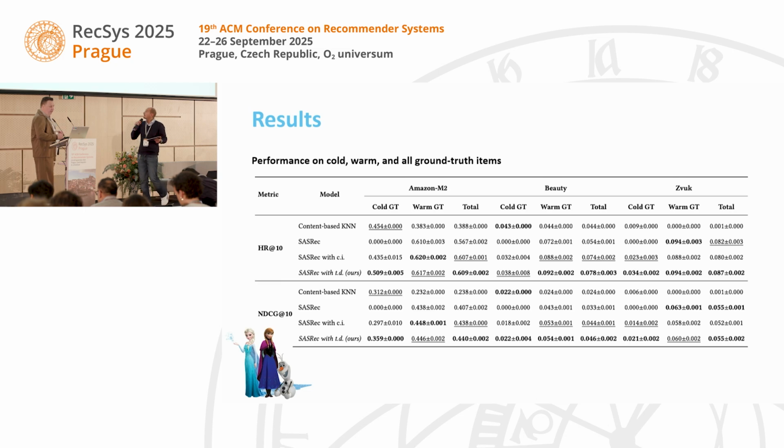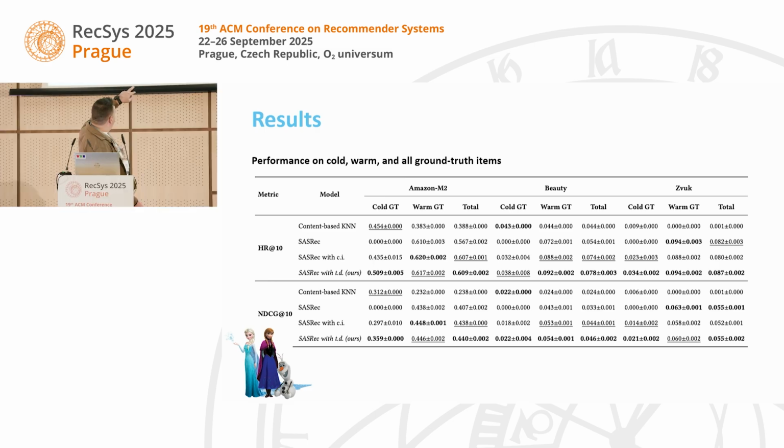You see that, really, you have a small improvement overall, or almost the same as for SASRec, or SASRec with content initialization. But if you look at the cold items, you see a big improvement.